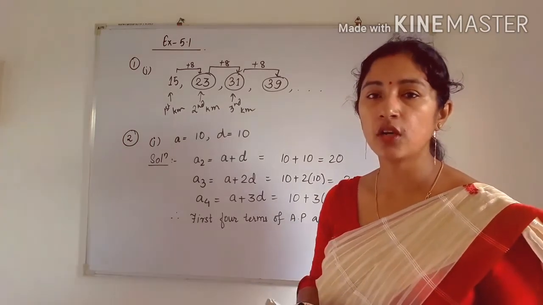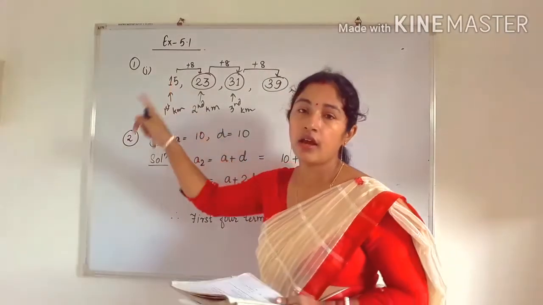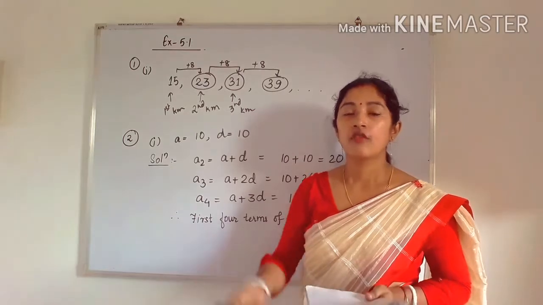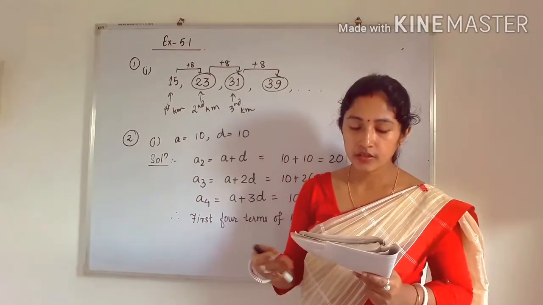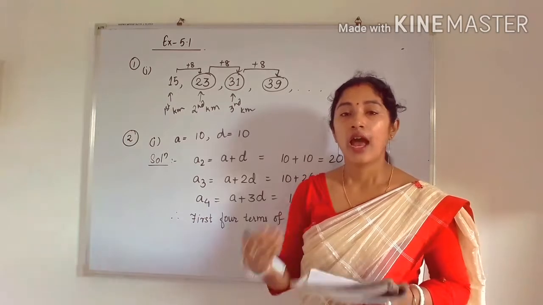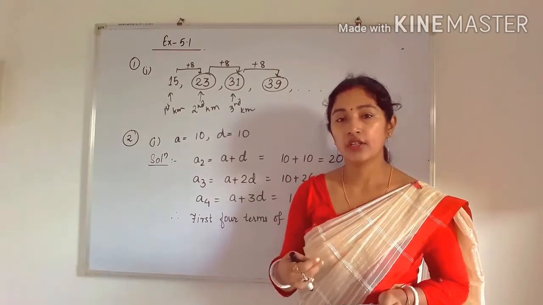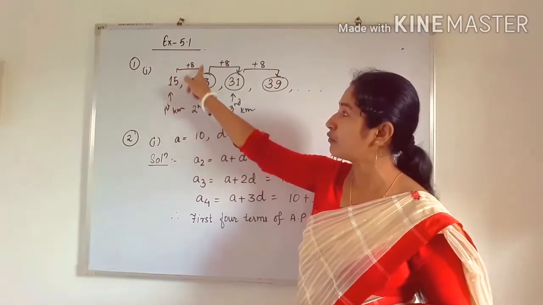That means for the first kilometer the taxi fare is rupees 15. Okay. And then after finishing the first kilometer, for the second kilometer the fare should be increased by rupees 8. That means we have to give an additional amount of rupees 8.